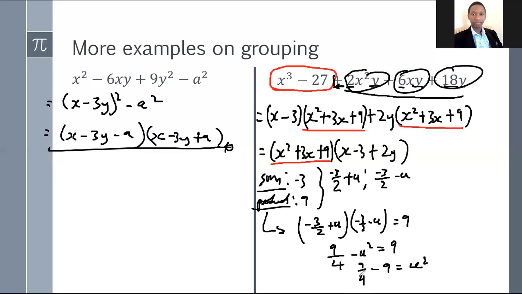Without even pressing a calculator, if you think about it, 9 quarters are actually less than whole number 9. So you can just go ahead and say 9 divided by 4 in your calculator minus 9. Just press it as it is. So we are getting here a negative 27 over 4, which is u squared. But to find u, we actually have to take the square root on both sides. And we know that the square root of a negative number is a problem since we're dealing with numbers in the real number space, so to say.